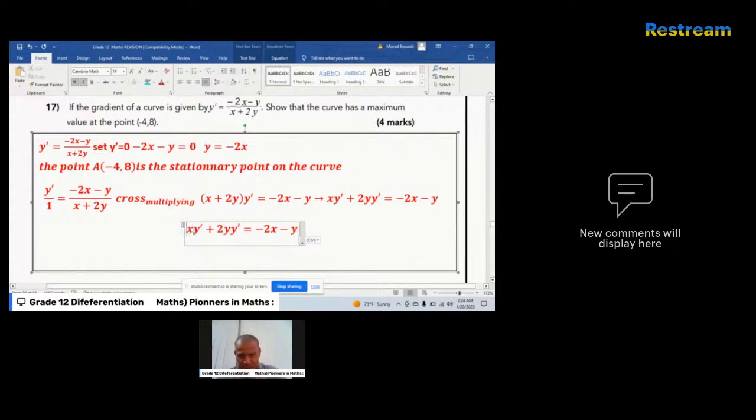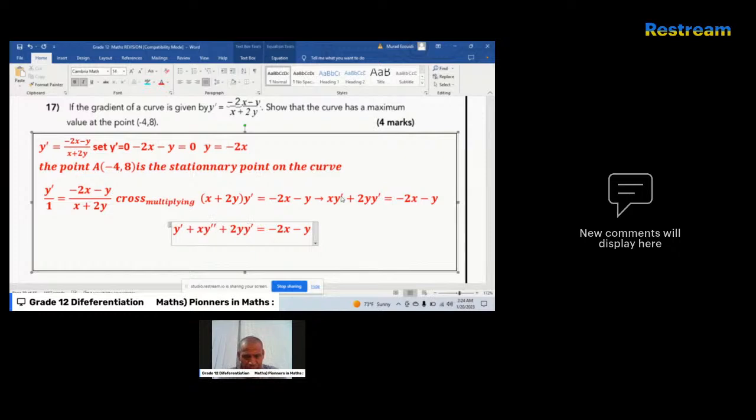First of all, it will be y dash, then plus x y double dash, because I will differentiate this.